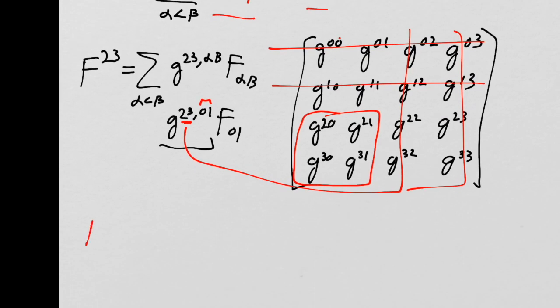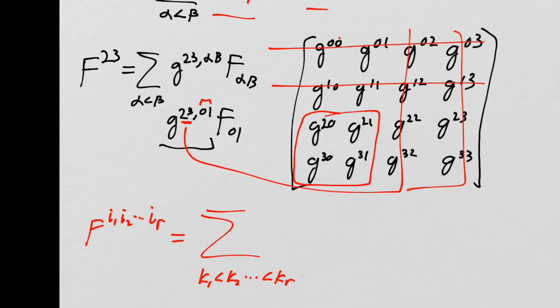It would just be something like F I1, I2, to I R would equal the sum over K1 less than K2 less than KR of G I1 through IR, where this is the same sequence, comma K1 through KR, and then it would be F K1 dot dot dot KR, right?